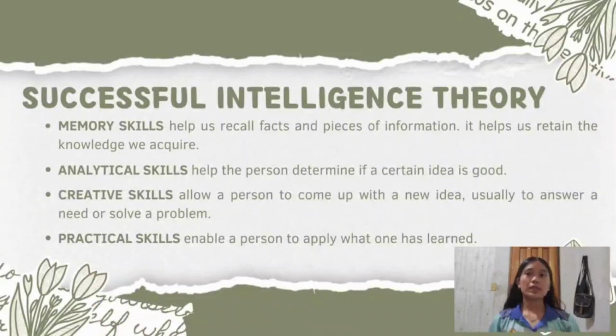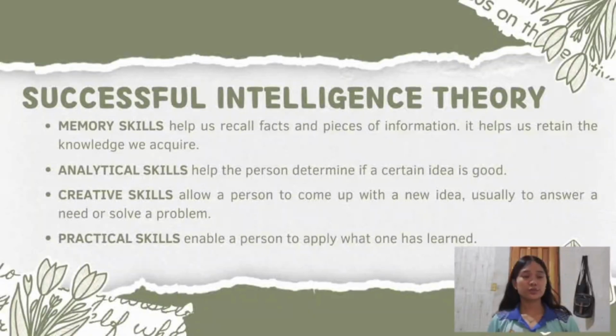So if the teacher will ask you about your past lesson, you are able to answer it because you remember what was discussed last time. There are 2 types of memory skills. First is the short-term memory and the second one is the long-term memory.